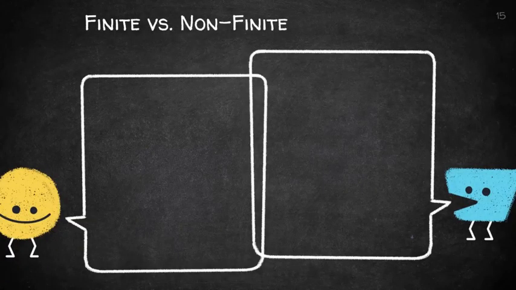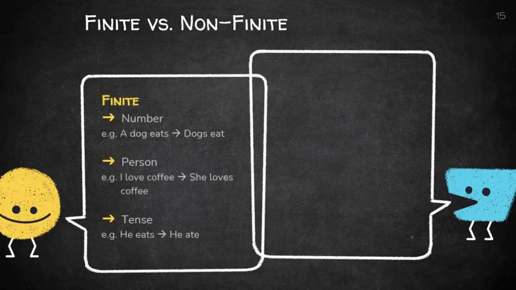If you still remember your grammar class, I really, really hope you still do. Finite verbs refer to those verbs that can change based on several factors. For example, in the present tense of the English language, a singular subject like a dog eats or I love coffee will get a singular verb.